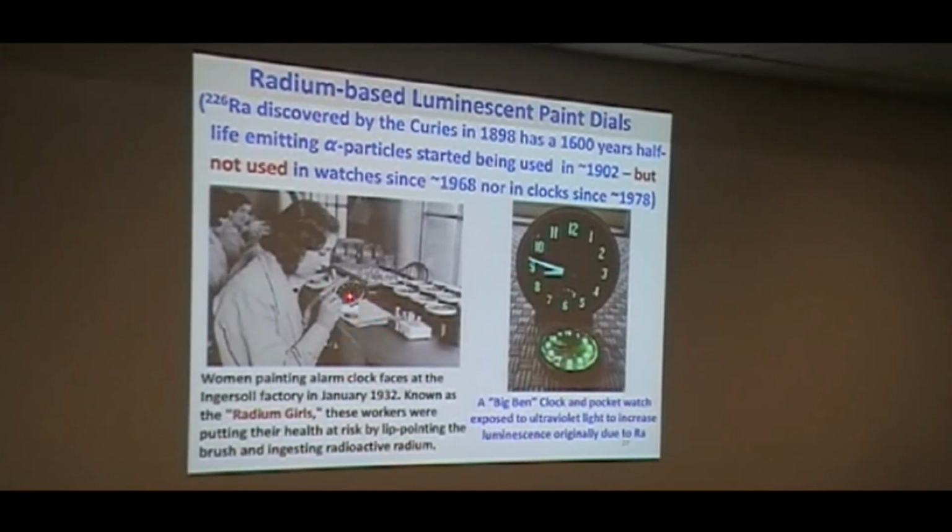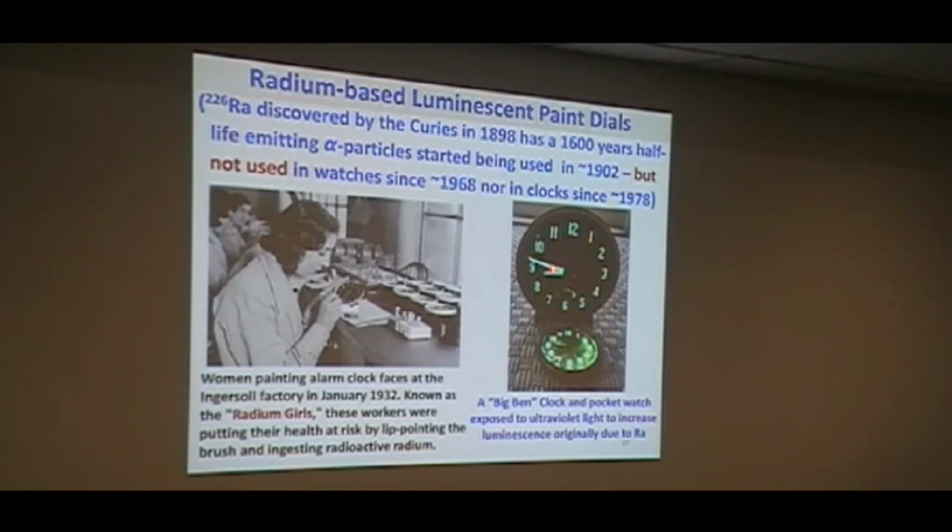This is an example from the 1930s of a clock, and the women are actually painting the numbers on by hand, in a production line. This is a clock and this is a pocket watch.